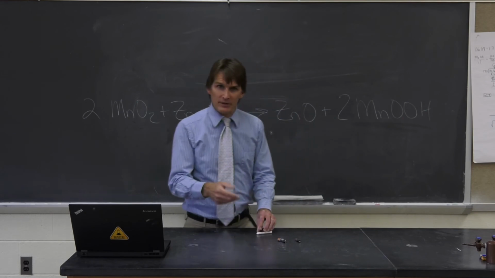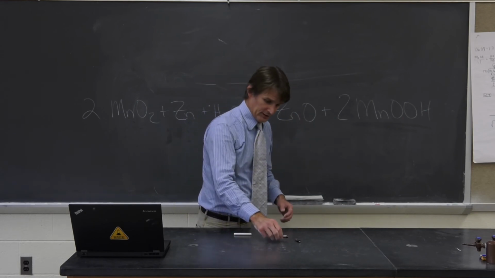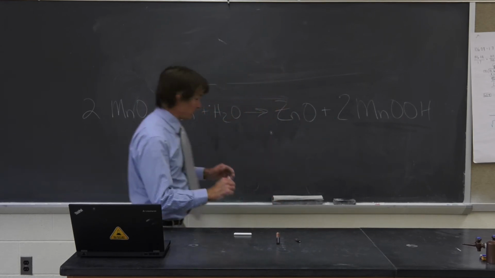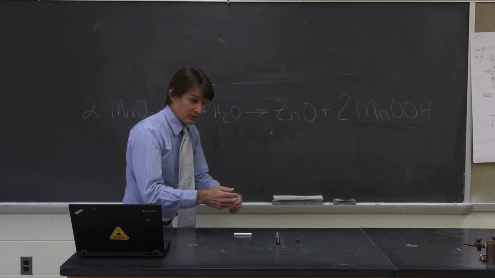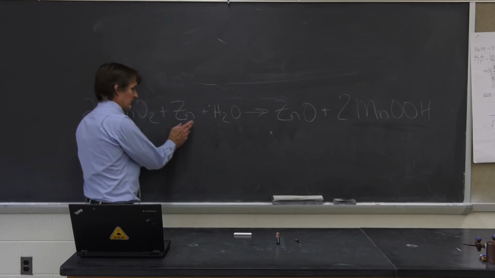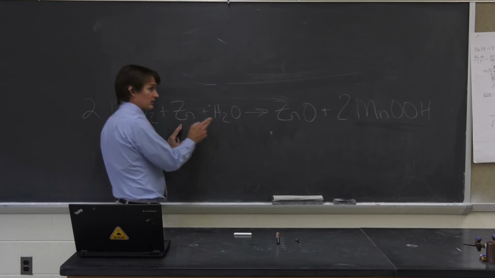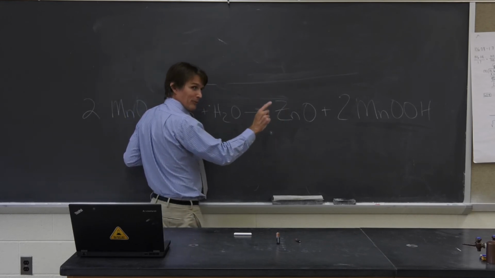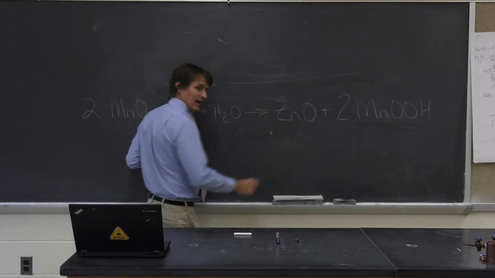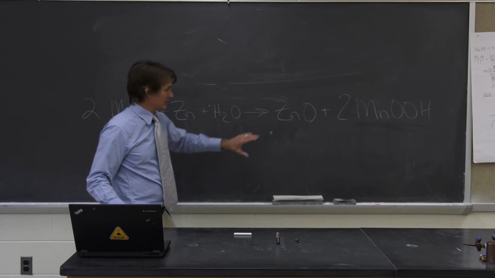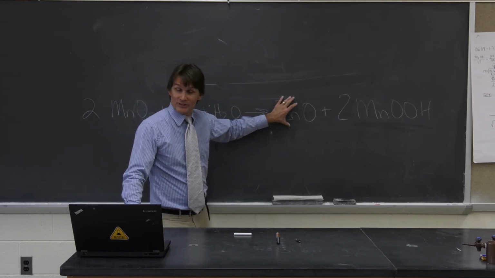But what's interesting about this particular redox reaction, it is a redox reaction, is that importantly for this quick demonstration I'm going to do for you, we see that zinc gets turned, we're going to figure out whether it's oxidized or reduced, into zinc oxide. And what's interesting about this is zinc oxide is bouncy.